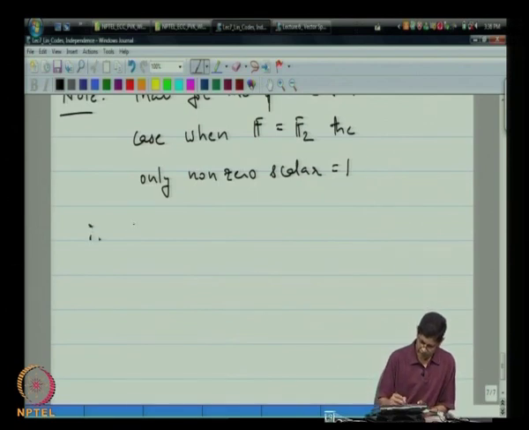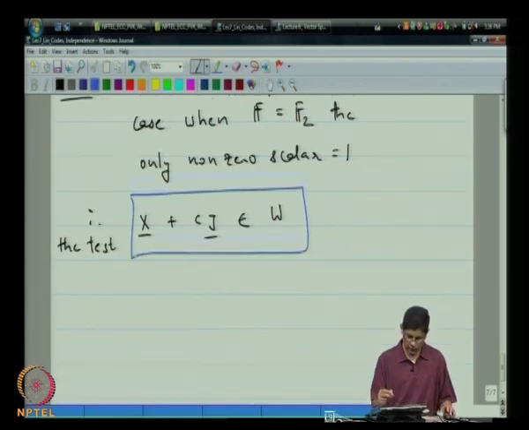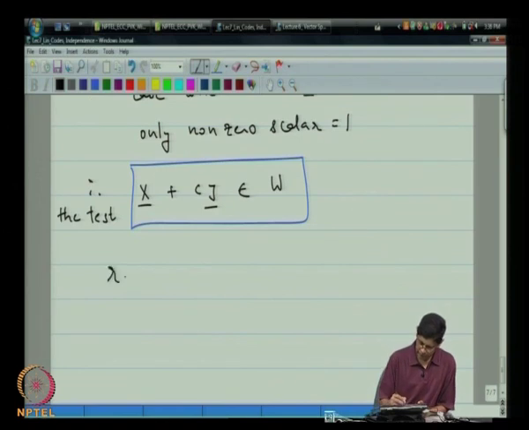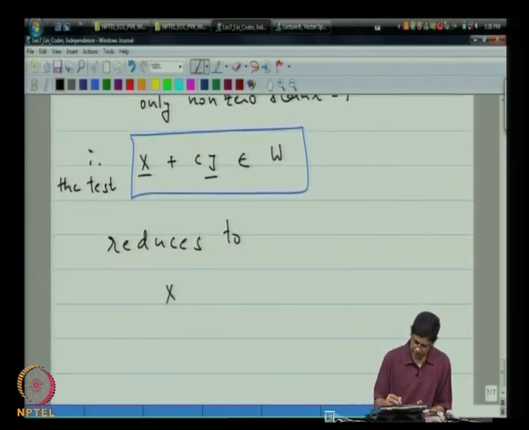Therefore, the test x plus cy in W reduces to x plus y is in W.